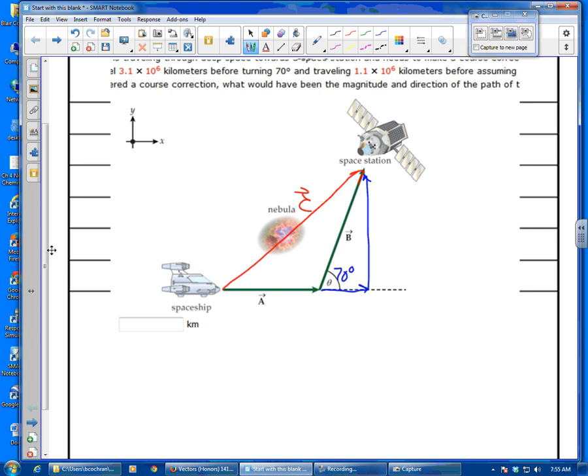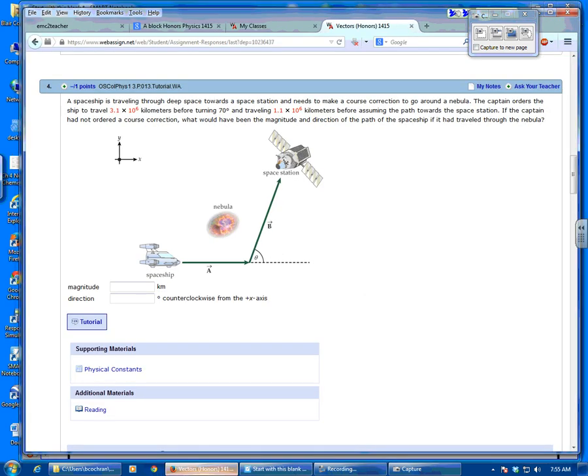Everyone has that same angle, right? Because it's in black. Things that are different are the lengths of A and B. So I flip back here, and my A is 3.1 times 10 to the 6 kilometers, and my B is 1.1 times 10 to the 6 kilometers. Those are the numbers you have differently because they're in red, right?